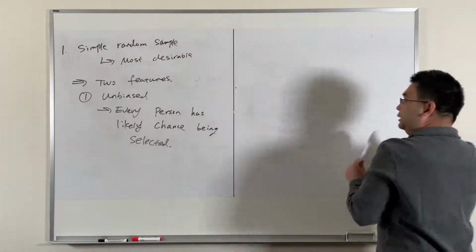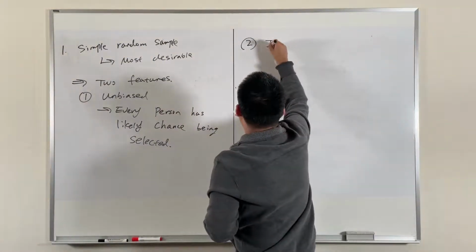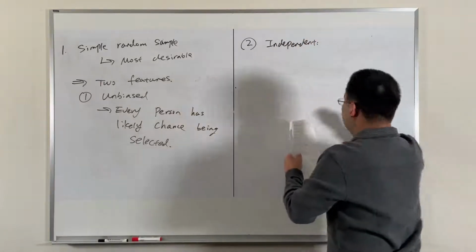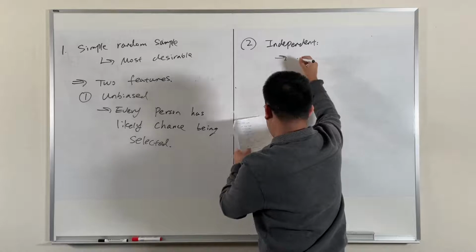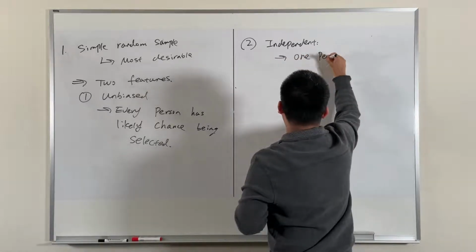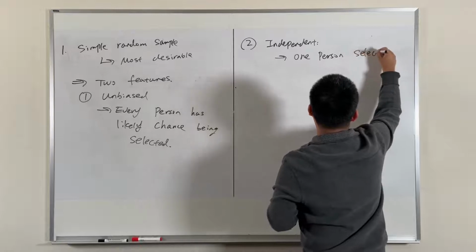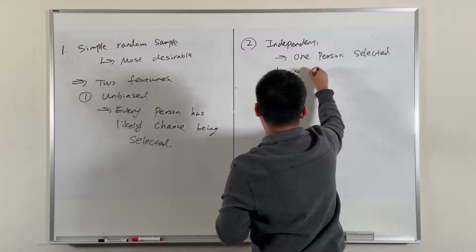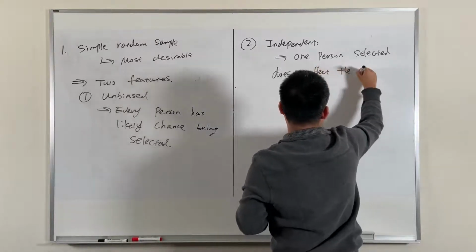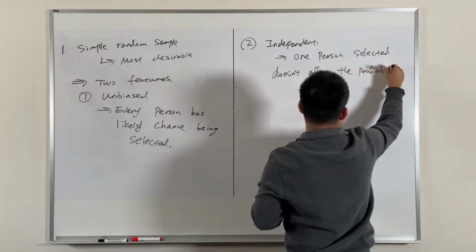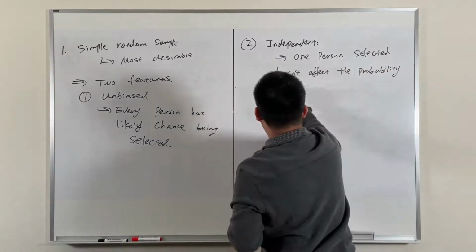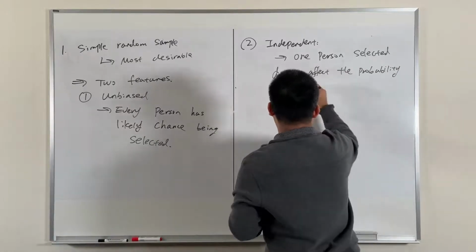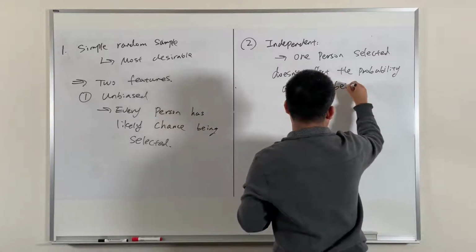And second one is independent. Okay, independent means that one person being selected doesn't affect the probability of others being selected, right?